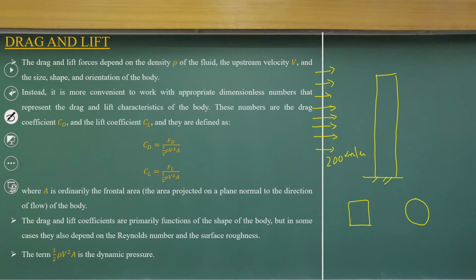The platform of these tall buildings could be more than, let us say, 50 meters high, and you consider a wind speed of 200 kilometers per hour, close to a cyclone. Whether the building footprint or plan should be square or circular to reduce the drag force, that means basically reduce the CD value. So, we can look at this elementary geometry and understand which one will give the minimum CD value.